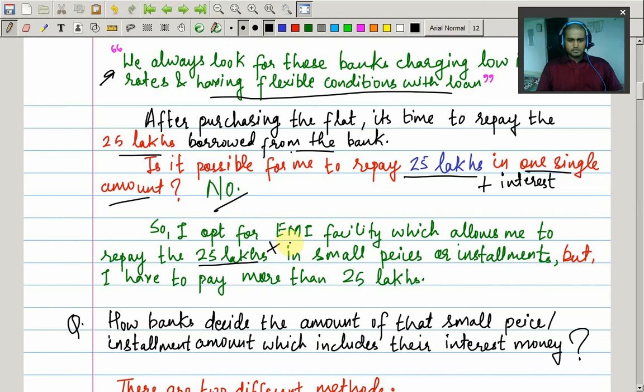I haven't written interest. So just take this 25 lakhs I am repaying. Obviously, I need to pay interest on this 25 lakhs in small pieces or installments, but I have to pay more than 25 lakhs.